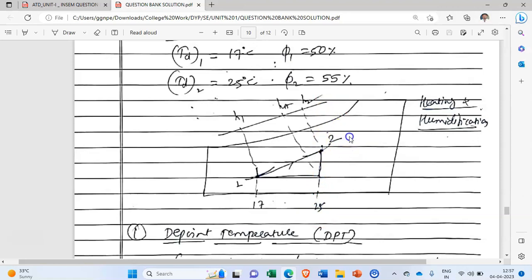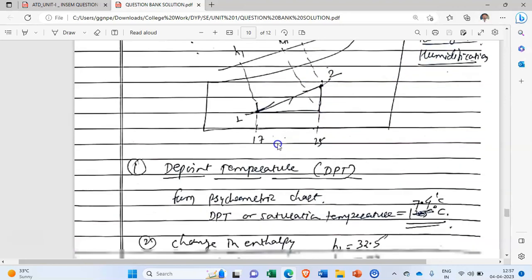If you see the chart, there are 50% and 60% relative humidity curves, so exactly at the center we have to mark 55%. So this is point number 2. If you see carefully, this is a humidification process because the humidity ratio increases. So this is a heating and humidification process.